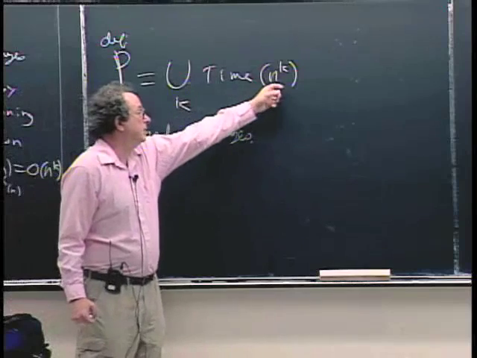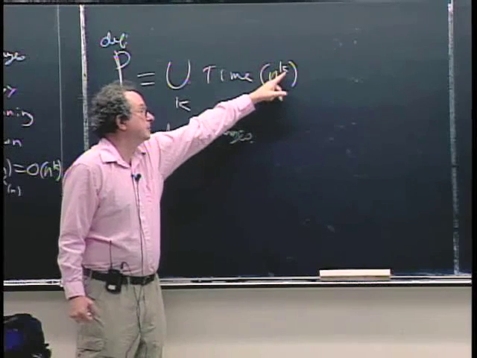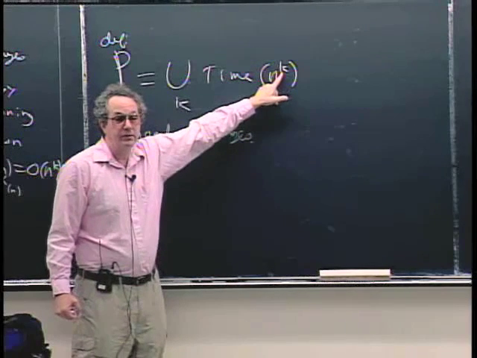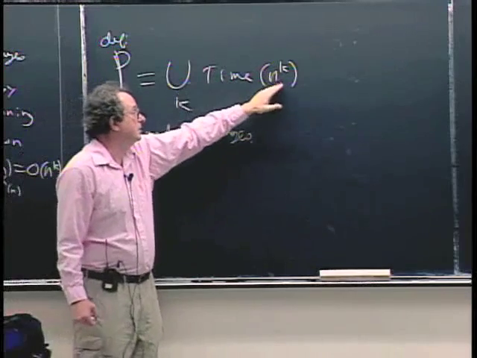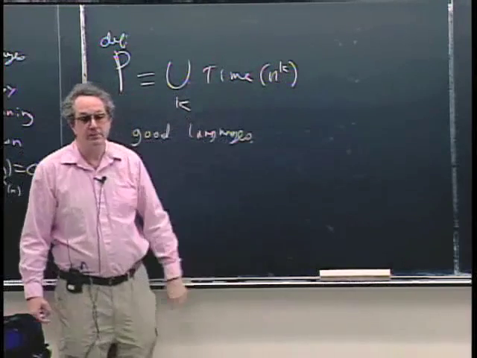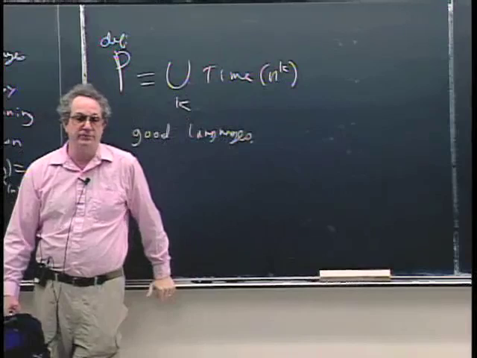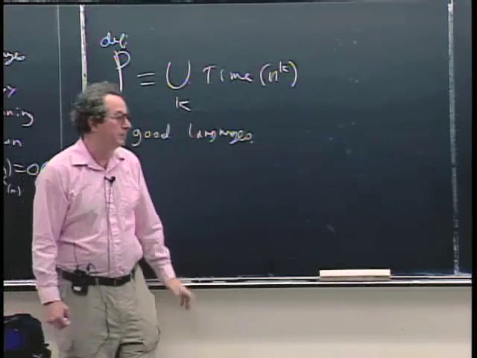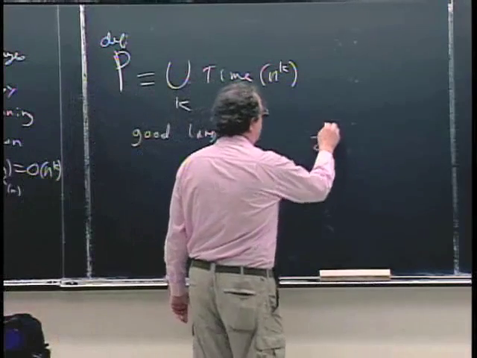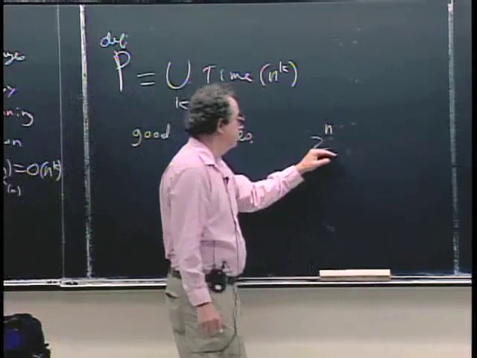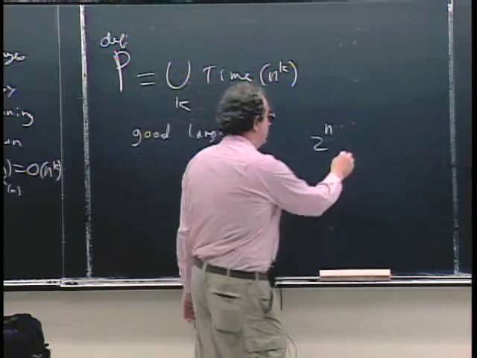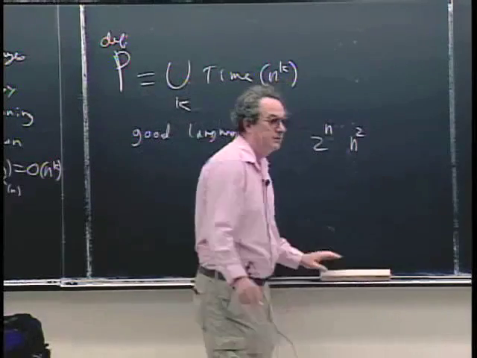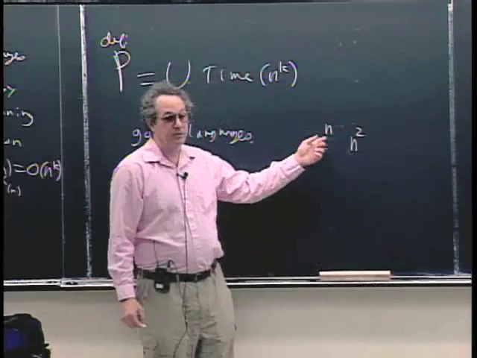Its worst case running time is bounded by a polynomial function of n, as opposed to an exponential function of n. We talked about this last time. 2 to the n is an exponential function of n, and it grows much faster than, say, n squared. You might say, well, they both just have a 2 and an n.